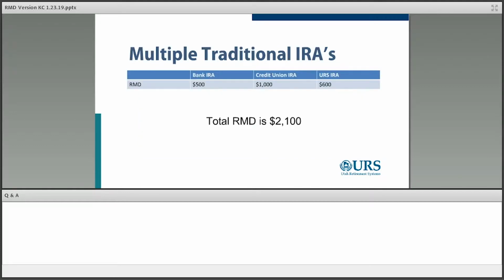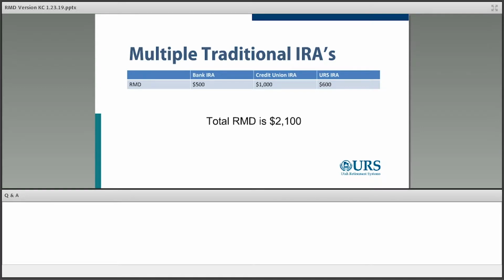Let me turn the slide and show you an example that I think might make this concept easier to understand. On this next slide, you'll see that we've got a traditional IRA account at a bank, another traditional IRA account at a credit union, and then a traditional IRA here at the Utah Retirement Systems.